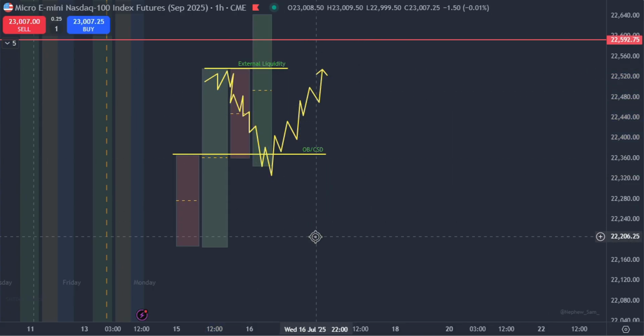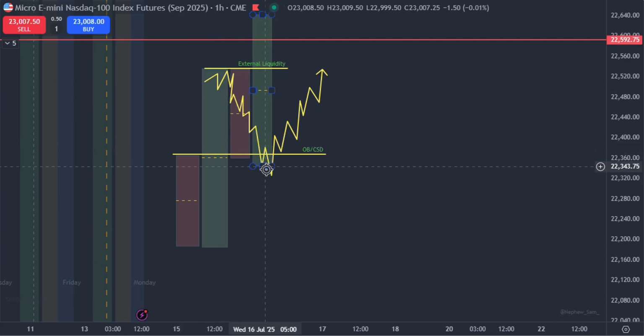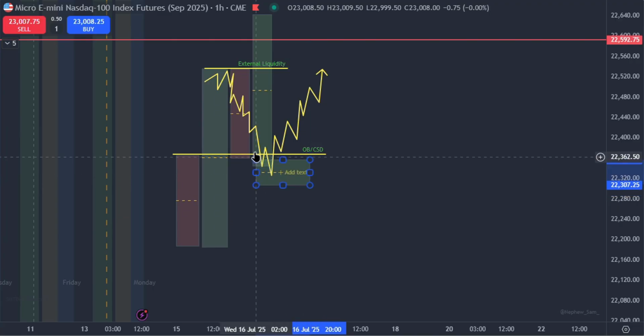So basically, you're in your hourly time frame, you're going to identify the shift right here. You'll look for CSD within this area here.